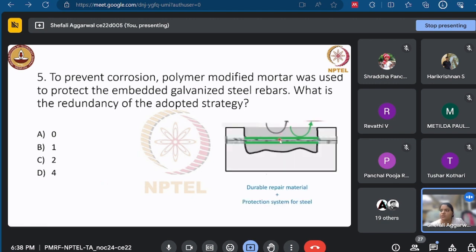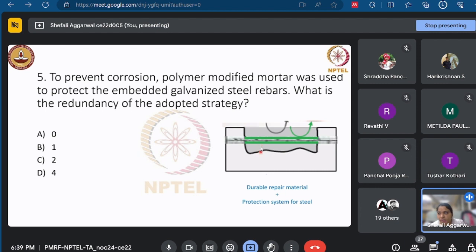In case of polymer modified rebar, these polymers are behaving as another type of coating over the galvanized steel bar. And the other thing is our mortar will have higher pH as compared to the mortar present in the other area, and this will cause another type of passivation to the steel bar.